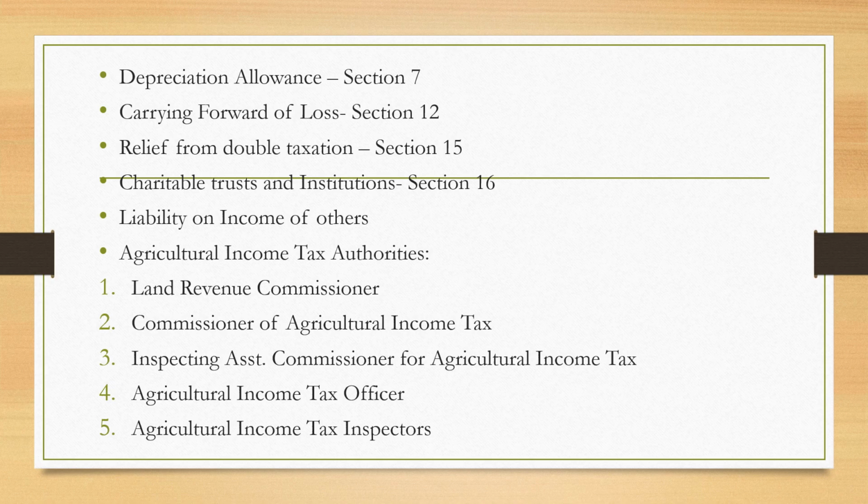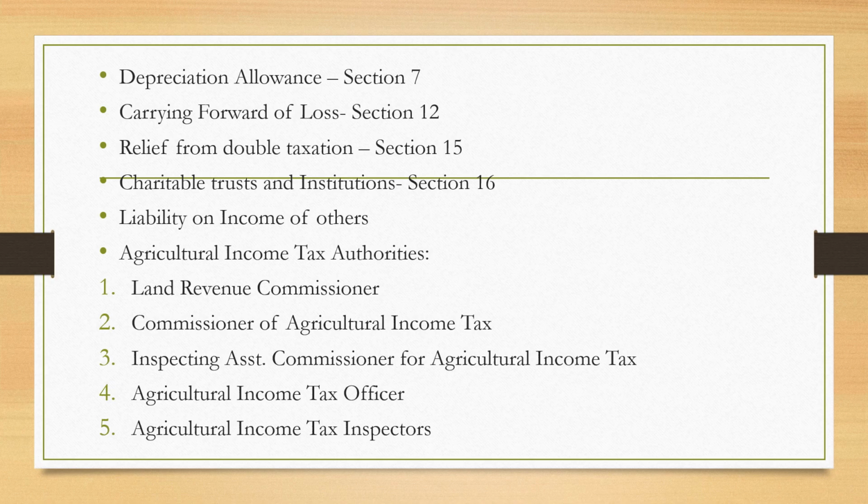Now, the third is to the spouse of such individual from assets transferred directly or indirectly to the spouse by such individual otherwise than for adequate consideration or in connection with an agreement to live apart. The fourth one, to a minor child, not being a married daughter, of such individual from assets transferred directly or indirectly to the minor child by such individual otherwise than for adequate consideration.